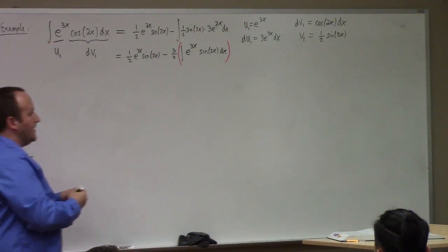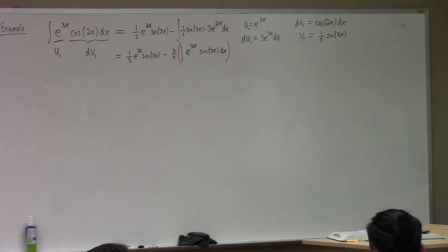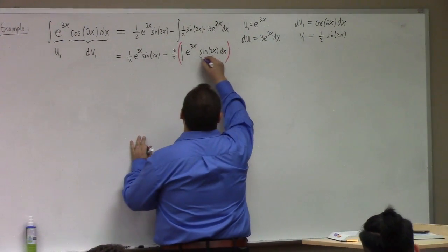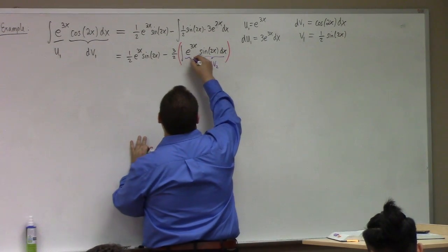So what's my u2 and my v2 going to be? Basically the same thing, but with sine. See here. So this will be my dv2. This will be my u2.